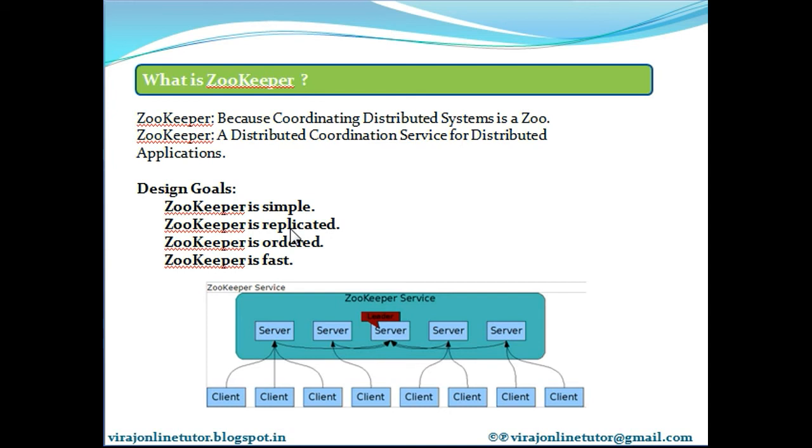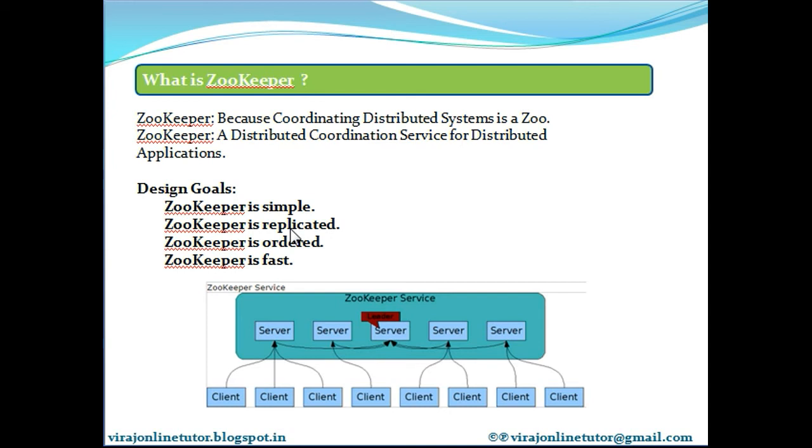along with the transaction logs and the snapshots in the persistent store. As long as a majority of the servers are available, the Zookeeper service is available. So a client connects to a single Zookeeper server, and the client maintains a TCP connection through which it sends requests, gets the responses back, gets the watch events, and sends the heartbeats.